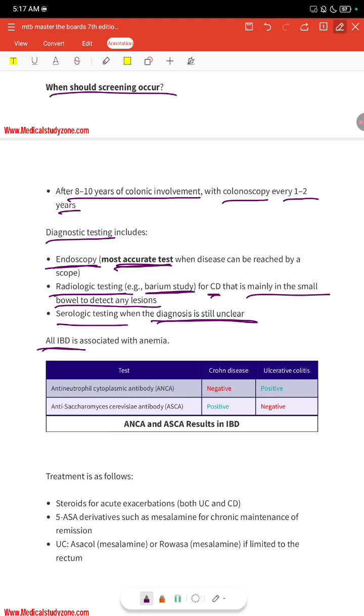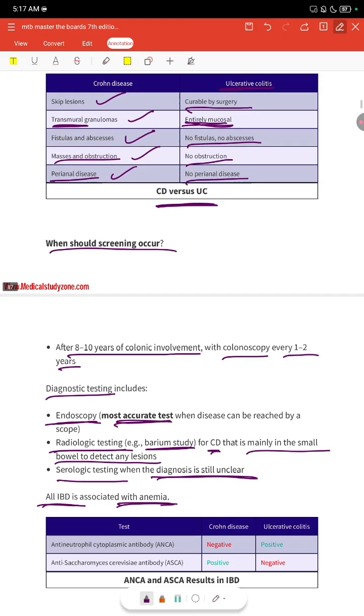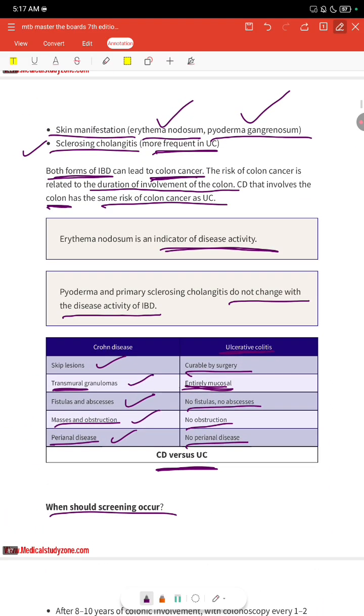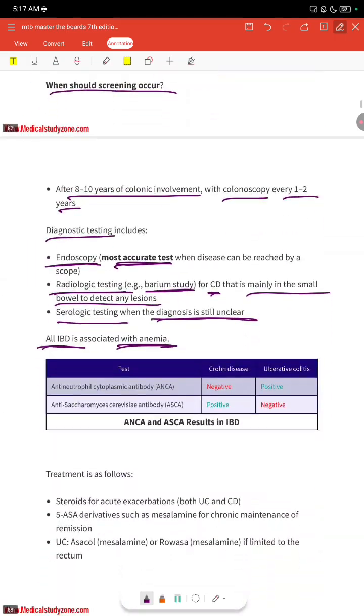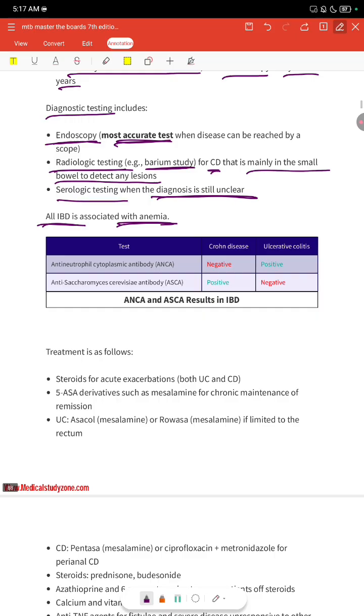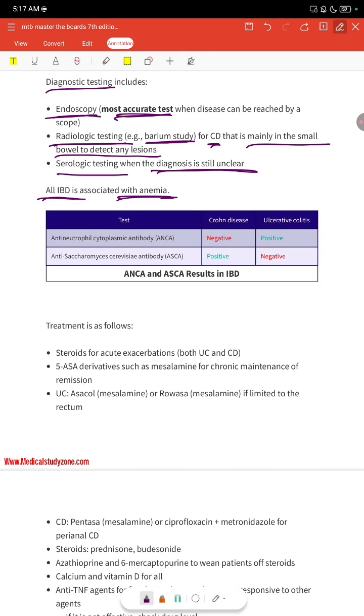So all IBDs are associated with anemia as well. You know why? Because of the blood in the stool. Okay, so we've got two antibodies, that is ANCA and ASCA. Anti-neutrophil cytoplasmic antibody and anti-Saccharomyces cerevisiae antibody.